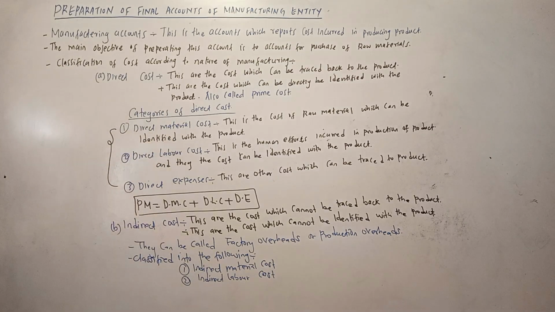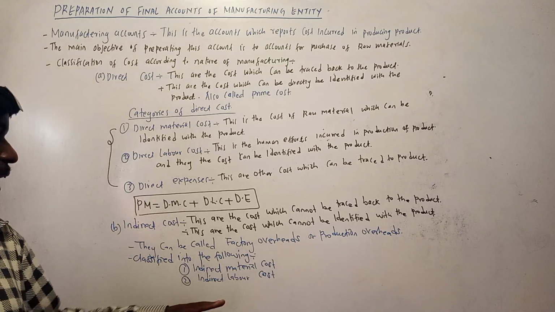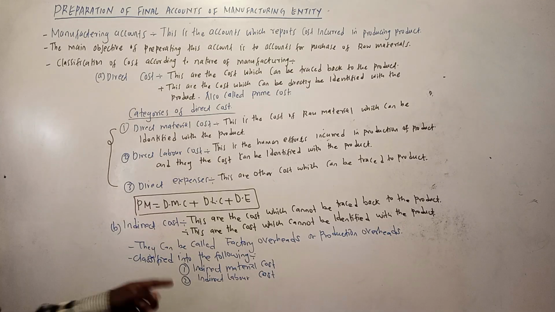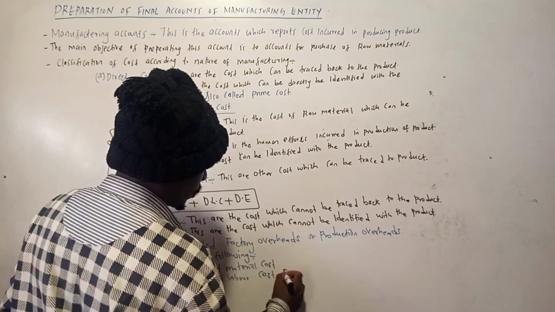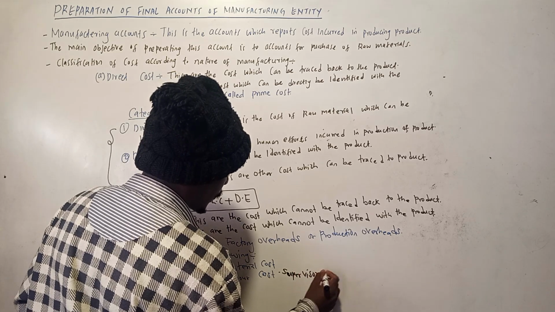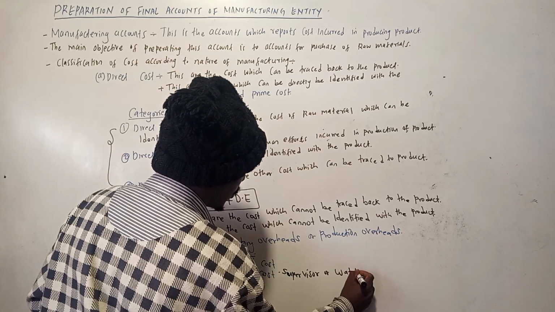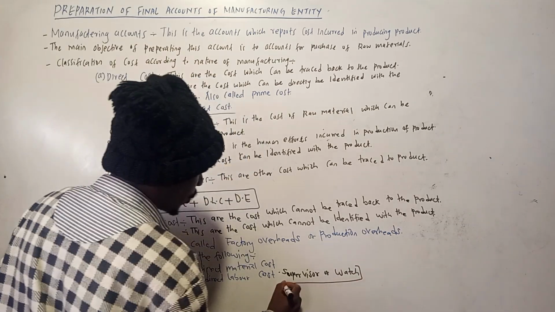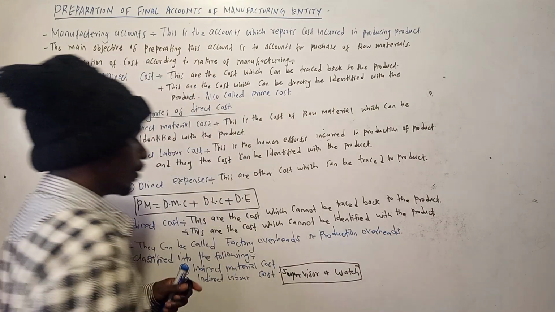Now, when we talk about indirect material costs, these are the costs incurred but which cannot be traced back to the product. So these are the costs of raw material which cannot be traced back to the product. Then indirect labor costs, these are the human labor which has not been directly used in production. For example, we talk about a supervisor or a watchman.